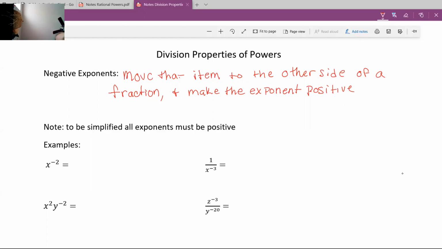Now, in order for something to be considered simplified, so if you're asked to simplify something, all of your exponents have to be positive.